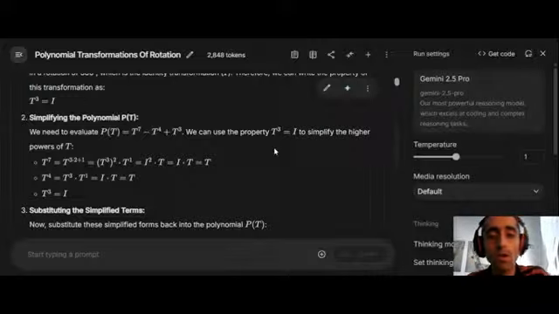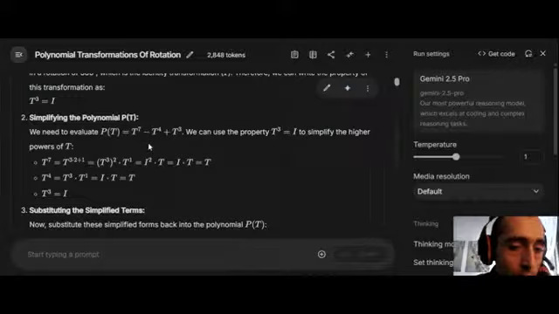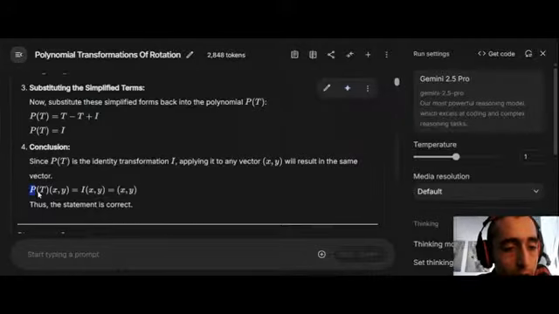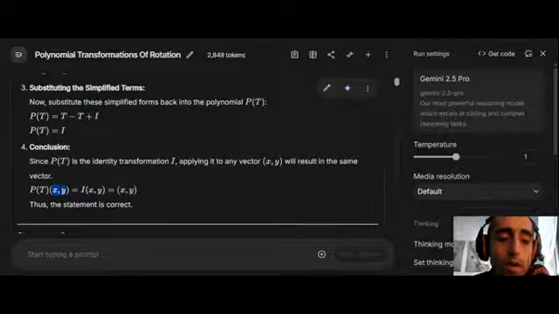So I can simplify this polynomial, when I substitute t, to be like this, which is just the identity matrix in the end. So of course, if I do this identity matrix polynomial, substituting t, and I apply the identity matrix on a vector, I will get the vector itself.